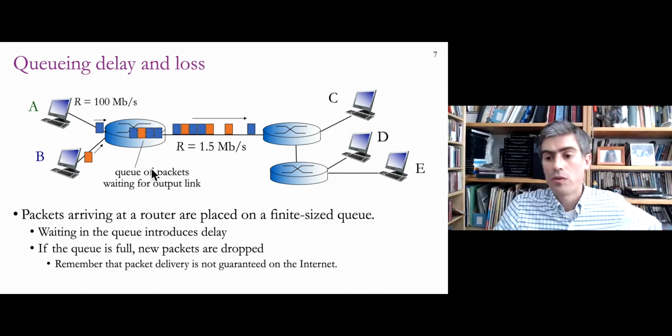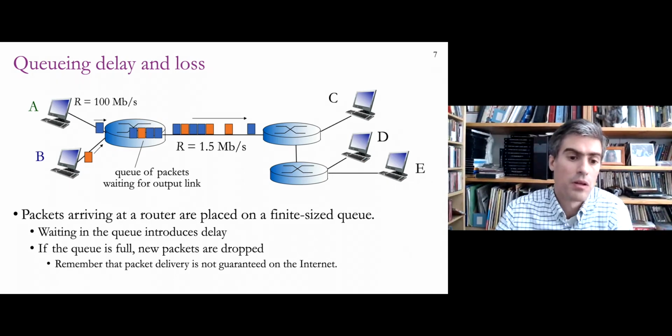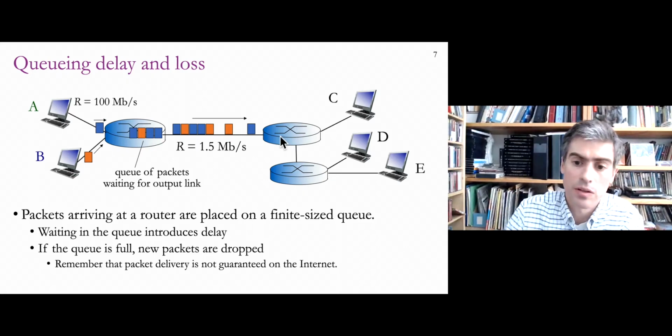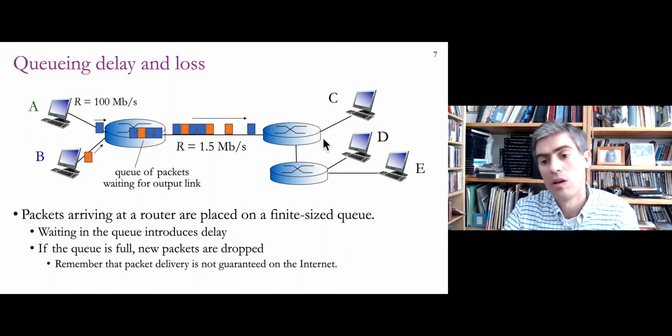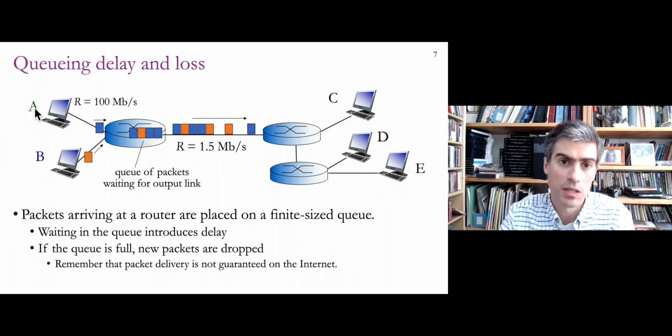One of the reasons we say that the internet is unreliable is because packets are delivered with best effort. One of the reasons for that is that these routers have fixed size queues, and if the queues fill up, the packets are dropped, and when a packet is dropped, the router doesn't do anything to notify the sender that data was lost.